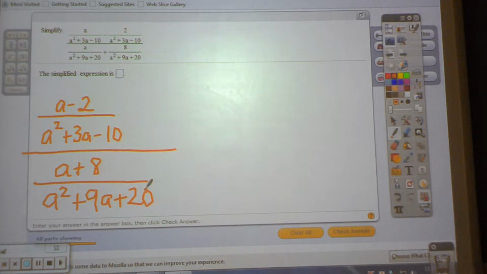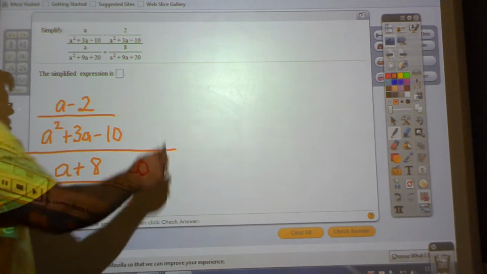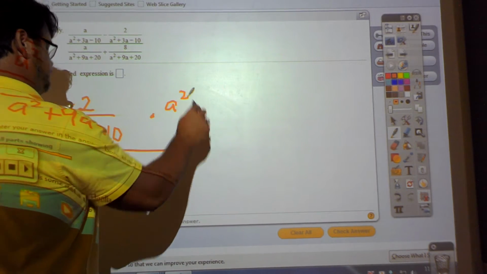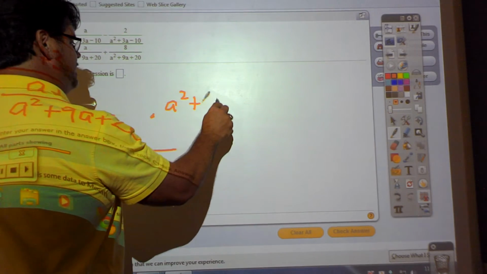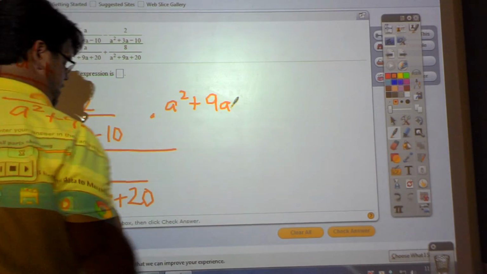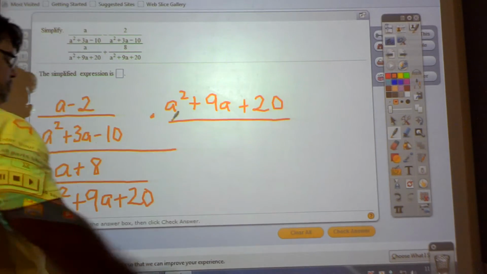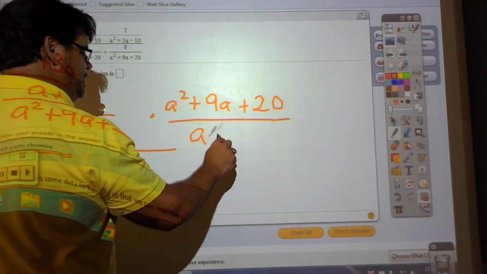Now, we've got a single term over a single term, so we can multiply by the reciprocal. So I'm going to multiply by (A² + 9A + 20)/(A + 8).